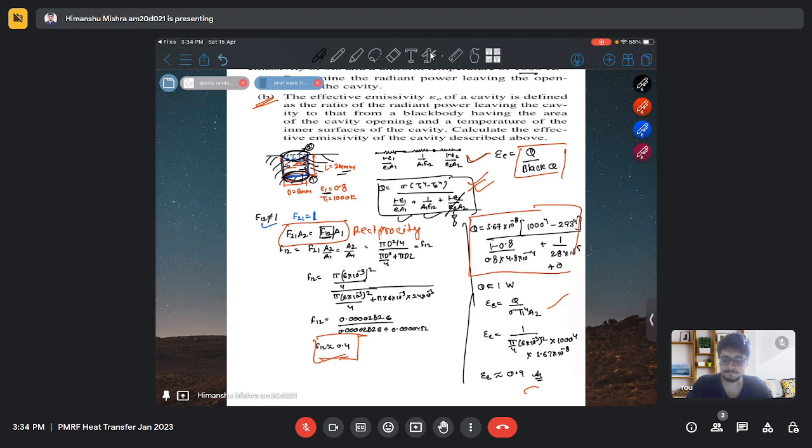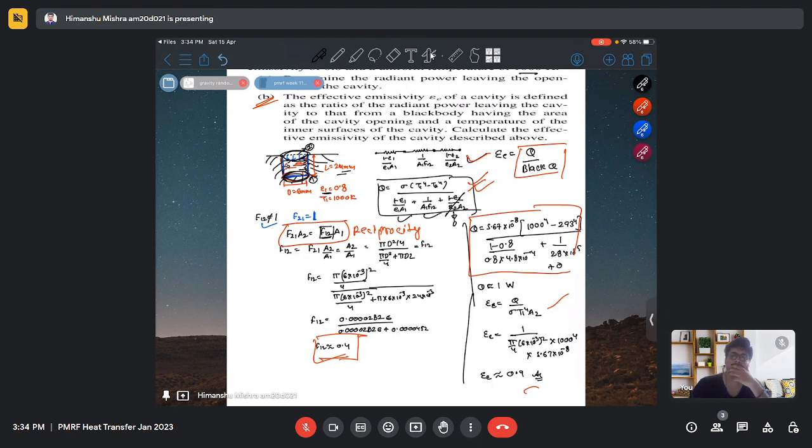If I take the bottom as 1, the curved surface as 2, and the hole at the top as 3, then 1 and 2 have different natures. For 1, F11 will be 0, and for 2, F22 will not be 0.